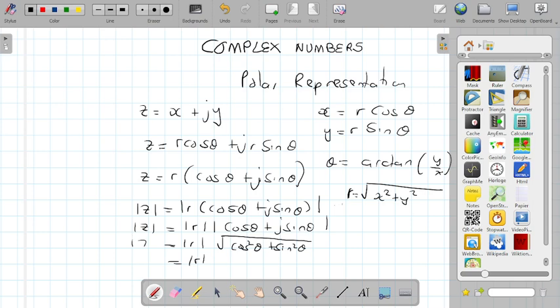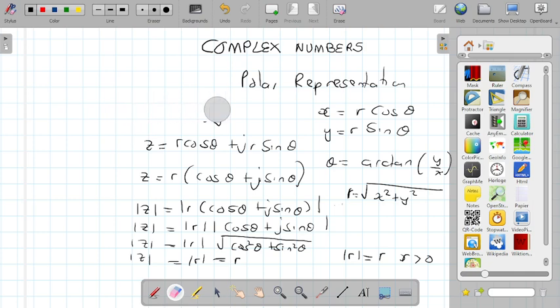Now, here, we know that r is positive. If you look at this formula here, r is positive. And the absolute value of r is equal to r when r is positive. Now, this is equal to r. What does this mean?